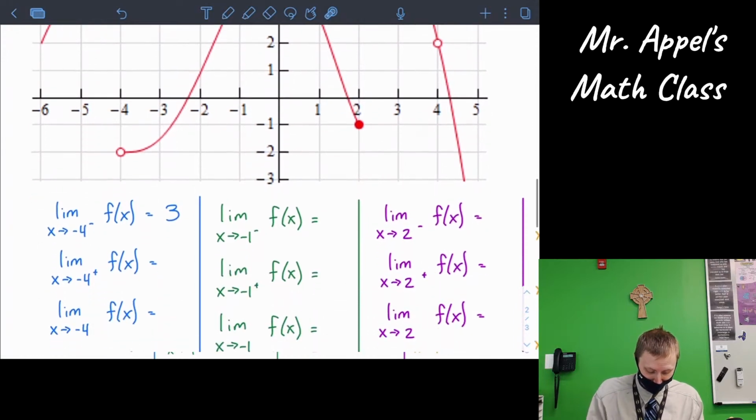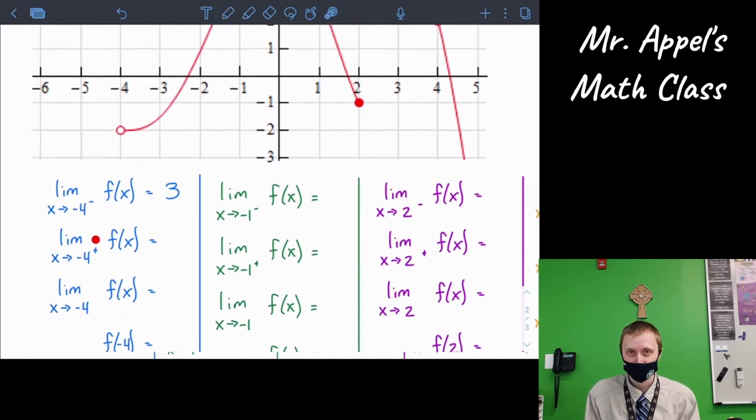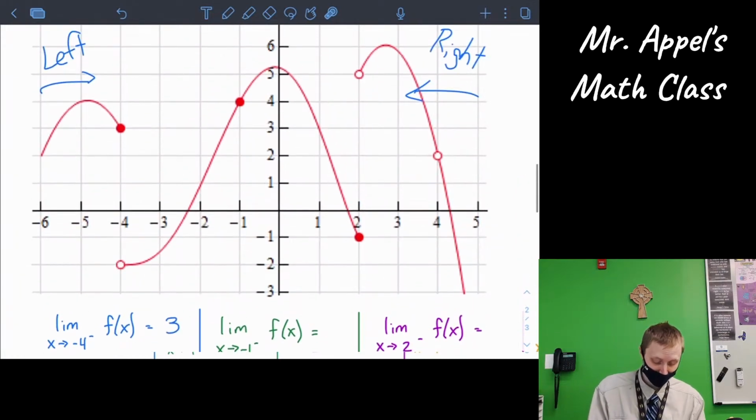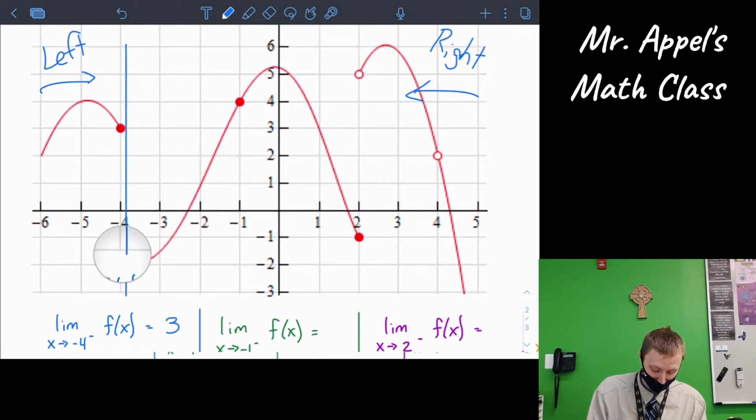The limit from the right, when it's got a plus next to the number, that's from the right side. So we're still trying to go towards this area, but now we go to the right side of that. Find the graph, here it is. Walk along the graph until we hit x = -4. If it helps, draw a vertical line there, vertical-ish.